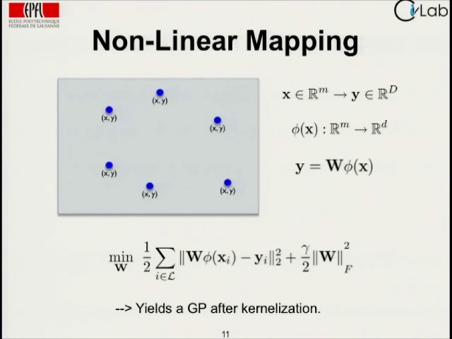The primal problem would be something like this, with a quadratic loss and a quadratic regularization. And if I kernelize all this, I get a GP that would produce meshes whose lengths are preserved if they are near the training samples, but not if they're far away.